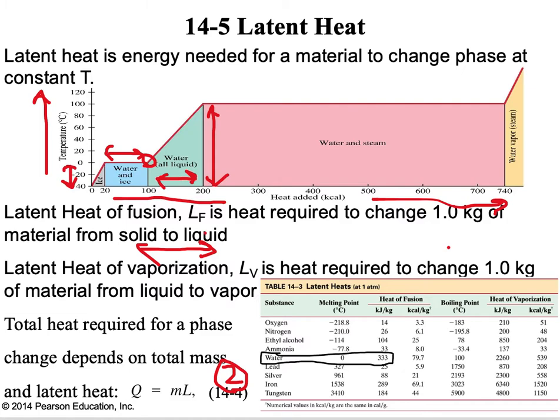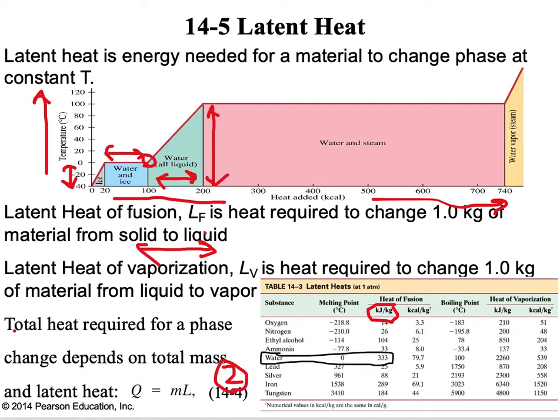You can turn to table 14-3 and look up the value for conversion, and notice that the units are given in kilojoules per kilogram. We'll be looking at water. And so the value for latent heat is 333 kilojoules per kilogram.